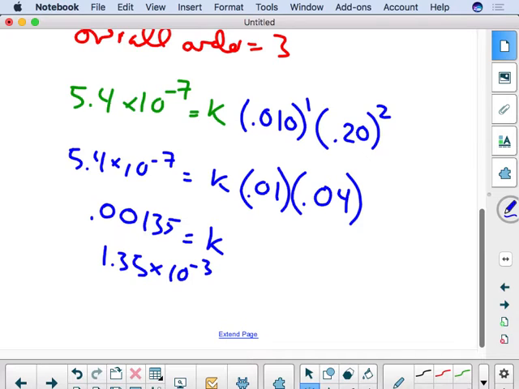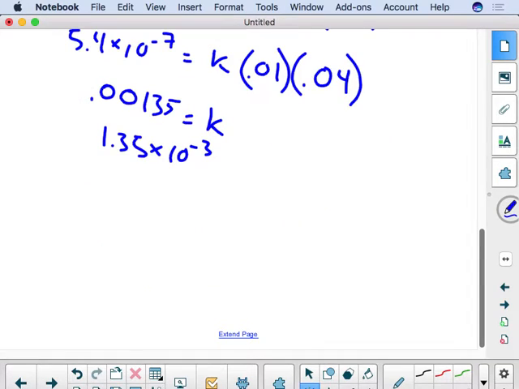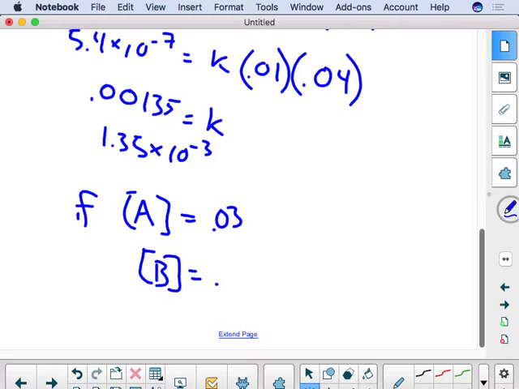Alright, I'm going to take it one step further. If the concentration of A equals 0.03, this will stay the same order of magnitude, and the concentration of B equals 0.05, what will the rate of the reaction be?